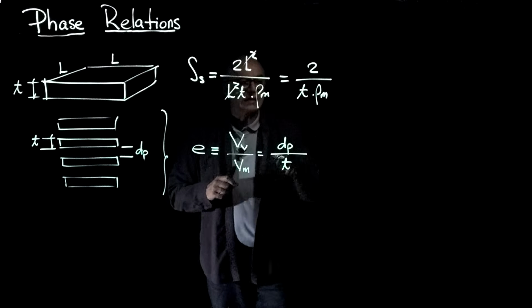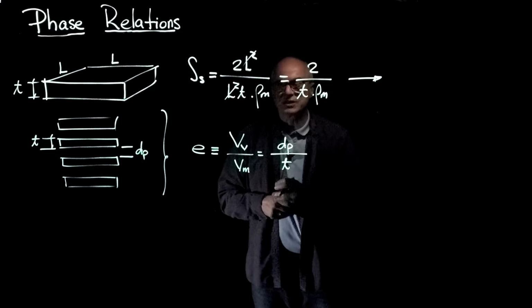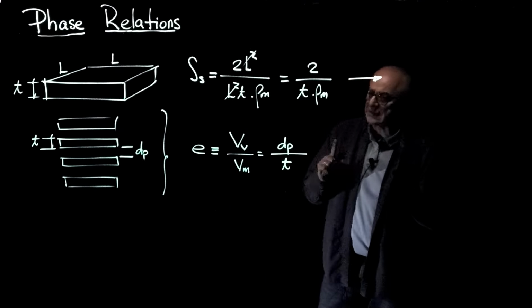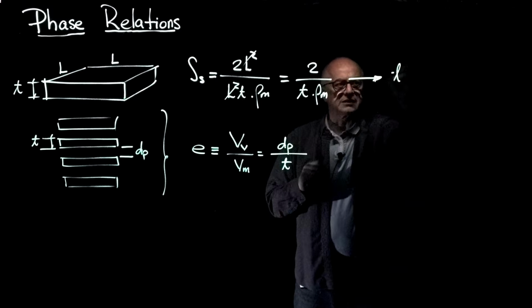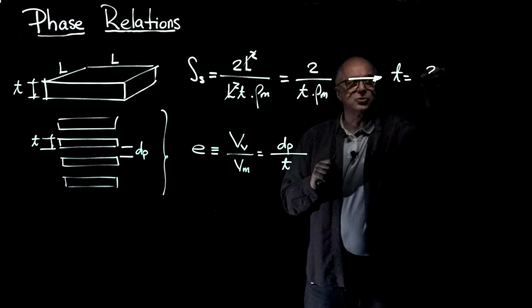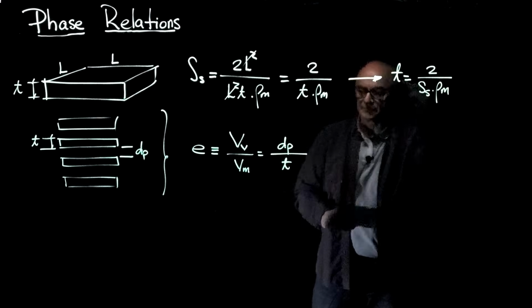But we realize that the thickness of particles is captured in the specific surface, which is quite easy to measure. And so the thickness of the particle is going to be equal to 2 over the specific surface times the rho mineral.